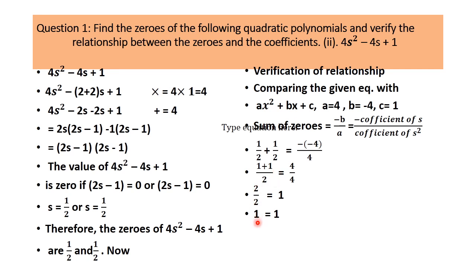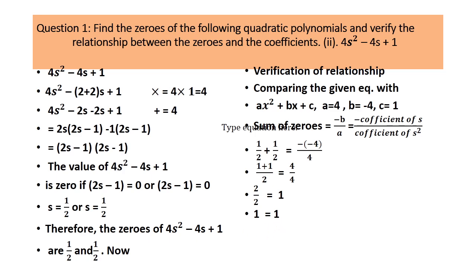This is the left side. Now the right hand side: put the value of b as minus 4, so minus minus 4 upon a, which is also 4, so plus 4 upon 4, and this will cancel, and this is 1. Also 2 will cancel with 2, so 1 equals 1. So the sum of zeros, both sides are equal. This is the first part of verification.